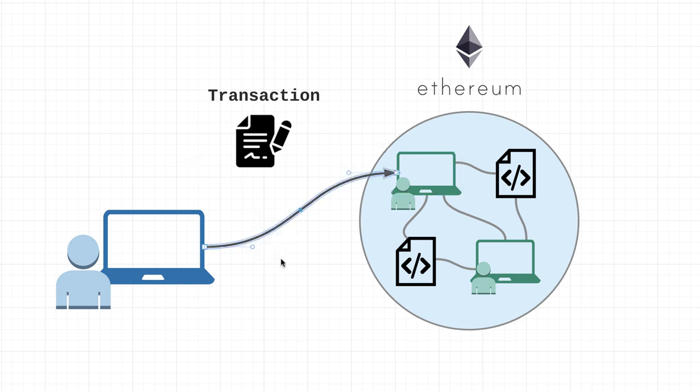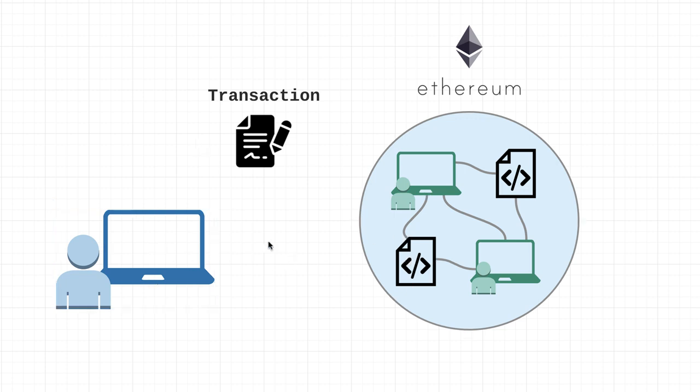Now, on that note, transactions can also be instructions to the network to execute smart contracts. An important point to make is that all transactions are always initiated by an EOA. In other words, by a human or an account with a private key.